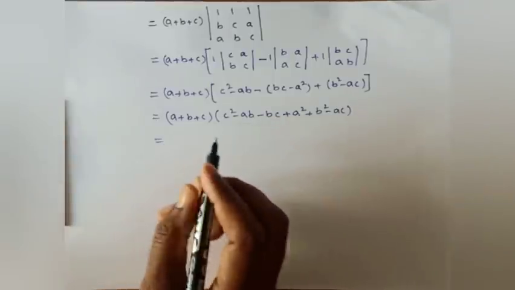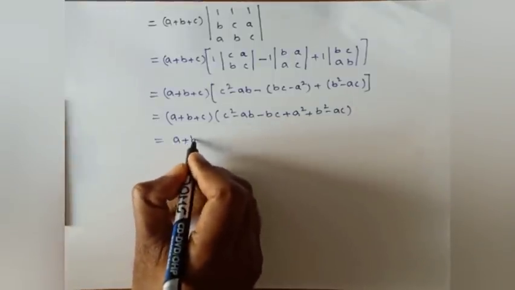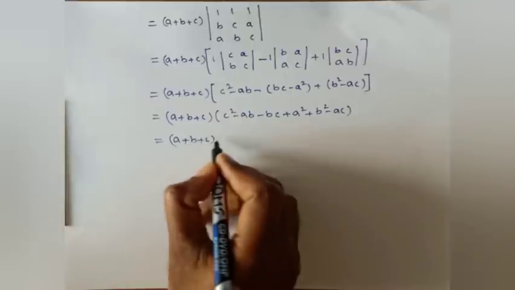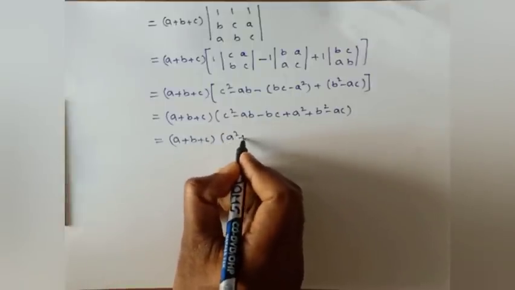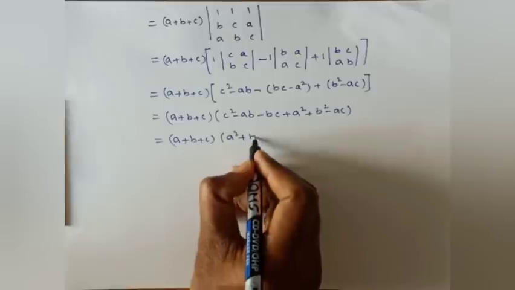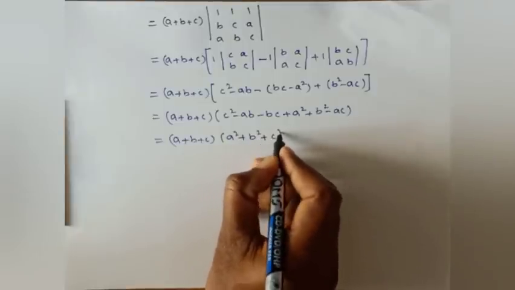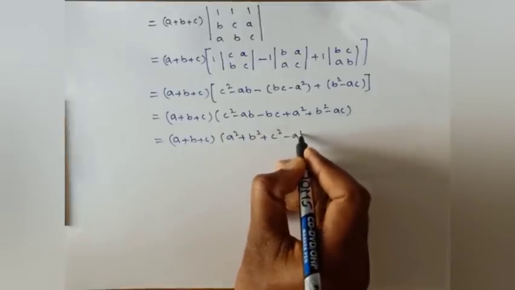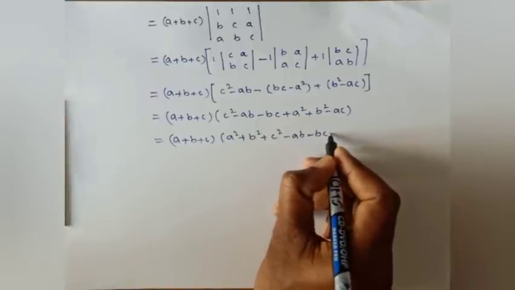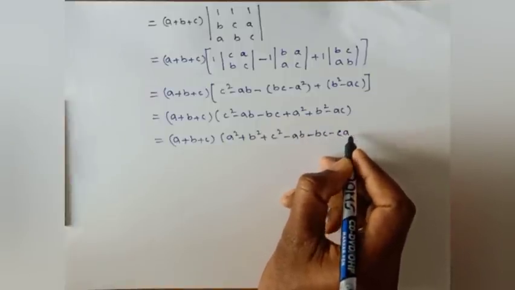So finally this is a plus b plus c into a square plus b square plus c square, now minus ab minus bc minus ca or ac.